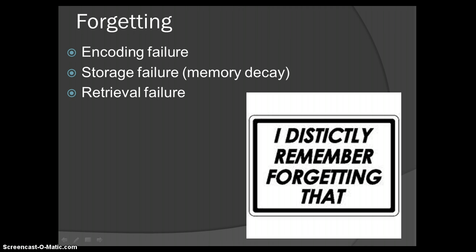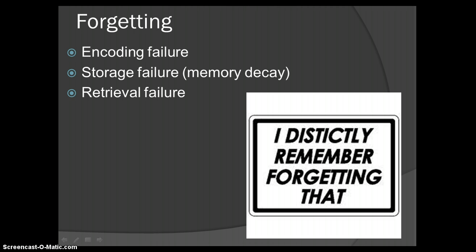So you're forgetting certain information because that information wasn't successfully encoded into your long-term memory. You didn't catch that woman's name when she was introducing herself. You didn't pay attention, so you didn't encode her name.